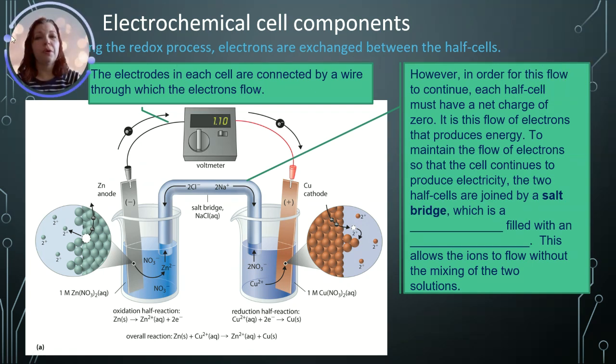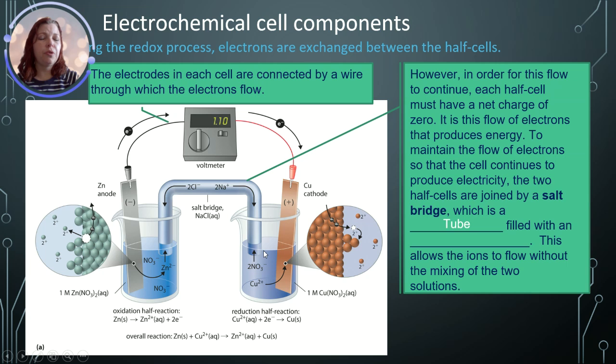However, in order for this flow to continue, each half cell must have a net charge of 0. It's the flow of electrons that produces energy. And to make sure that the electrons continue to flow and produce electricity, you need to have a neutral charge. So the two half cells are joined by what we call a salt bridge, which is a tube that's often in the shape of a U, so we call it a U-tube.